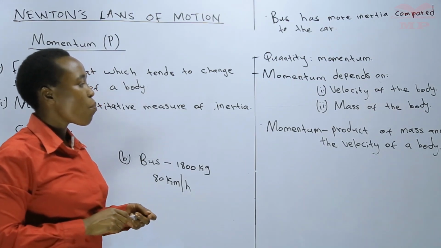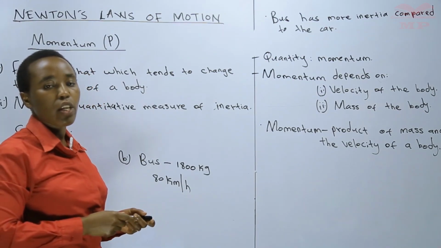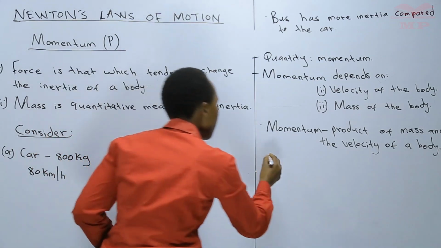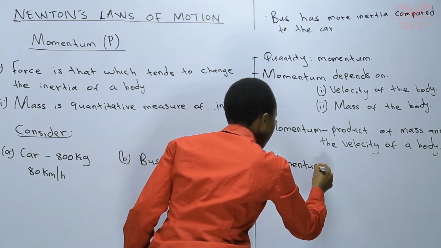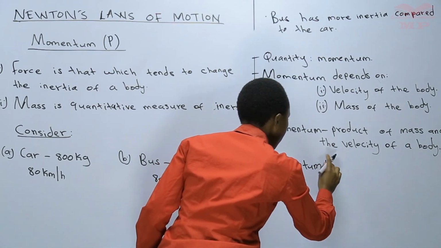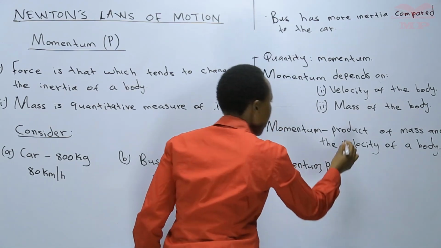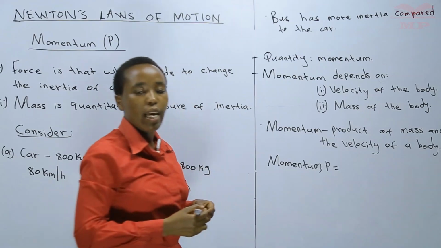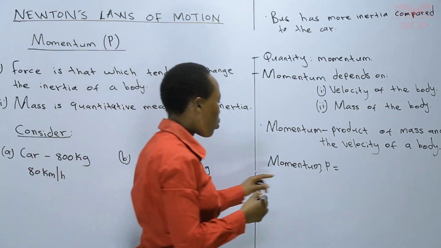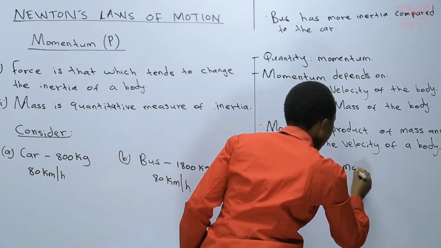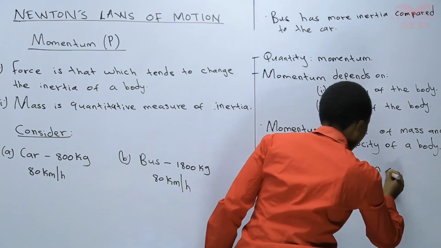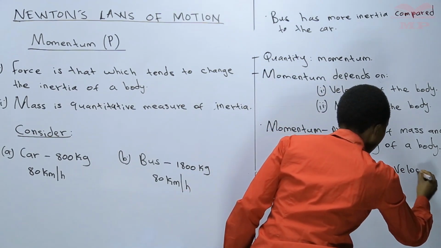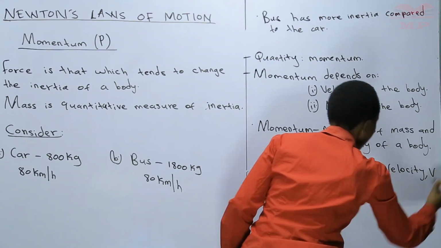Therefore, we say that momentum P is given by the product. Product is the answer you get after multiplication, and therefore momentum is given by mass, which we denote by m, multiplied by the velocity, which we denote by v.